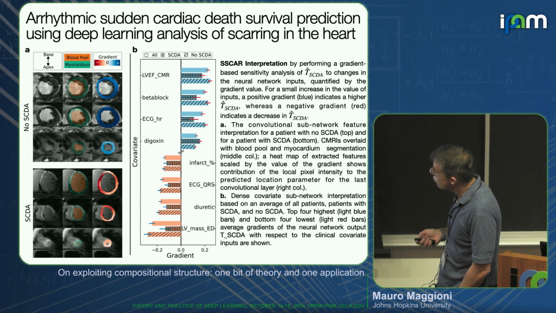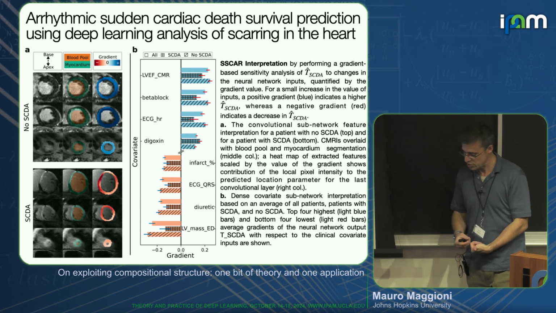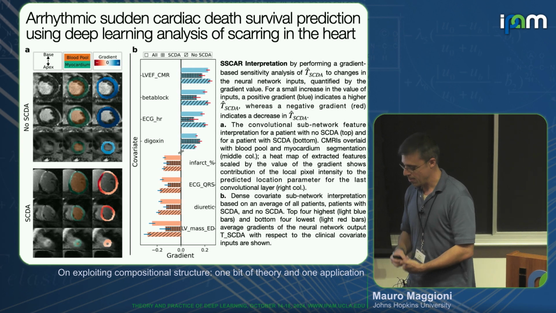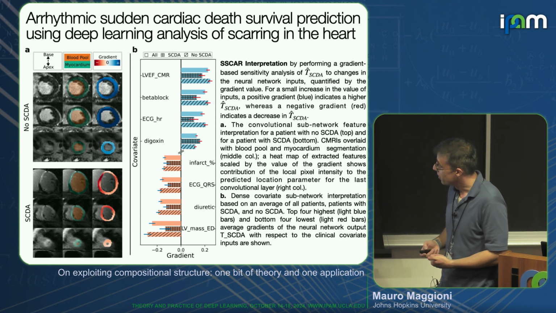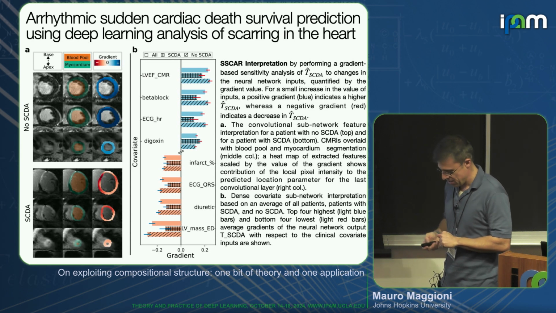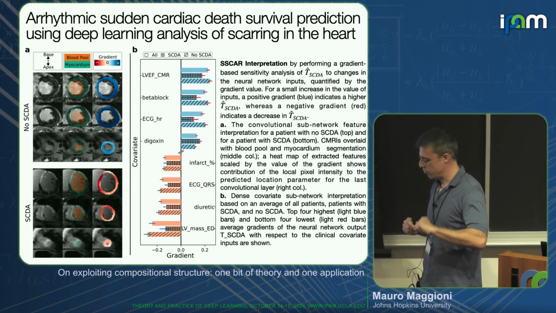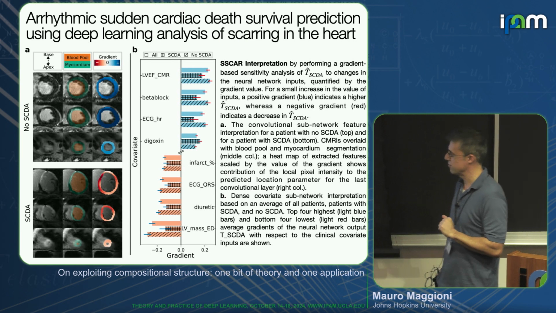And we also try to interpret the results of our network. So first of all, our network, just by looking at images, seems to perform better than existing risk classifiers based on images and or clinical data. Our network, when it uses both images and clinical data, is better than the one that only uses images.